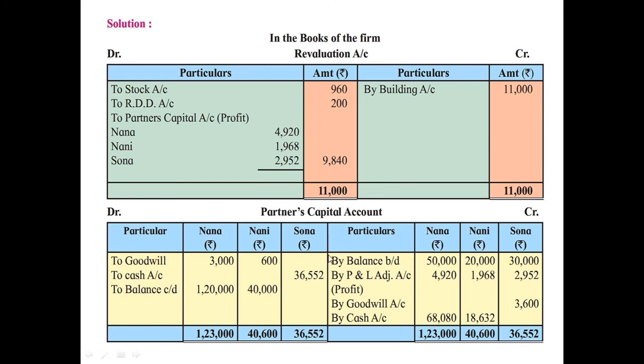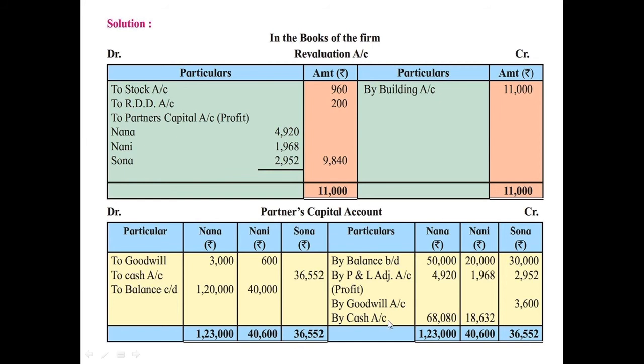Now for Nana, the debit side total is higher, that is 1,23,000. From that you have to subtract these two amounts, that is 50,000 and 4,920. So the balancing amount comes on the credit side, that is 68,080. For that you have to write by cash account.